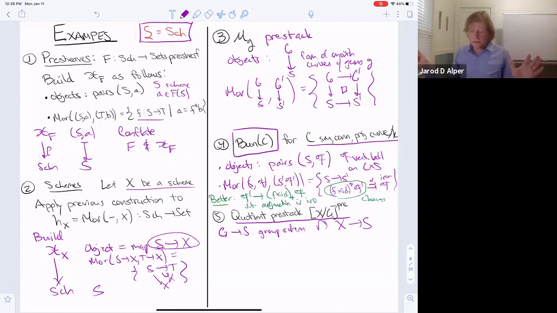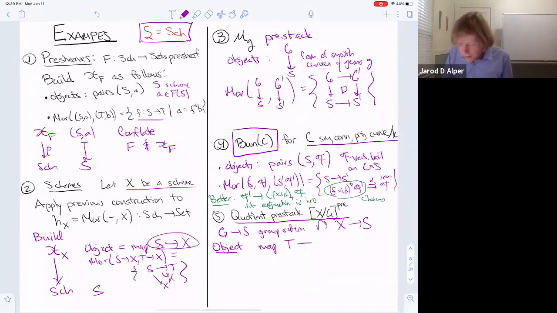Here I just do everything relative to a scheme S. Then an object of this category is just going to be a map from T to X. This is going to live over the relative site, schemes over S. So this is a map over S. Everything is over S.